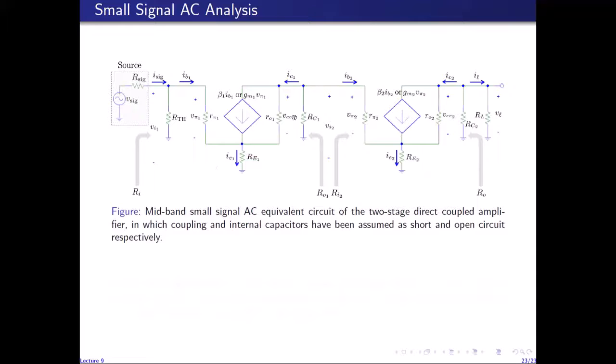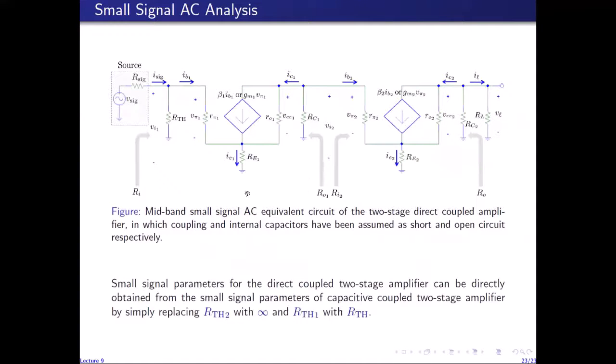So here again, I replaced the two BJTs with the small signal hybrid pi model. And because of direct coupling, the collector of the first stage is directly connected to the base of the second stage. So if you look closely, then this is actually the same circuit we used to analyze the small signal quantities for the capacitive coupled two-stage amplifier.